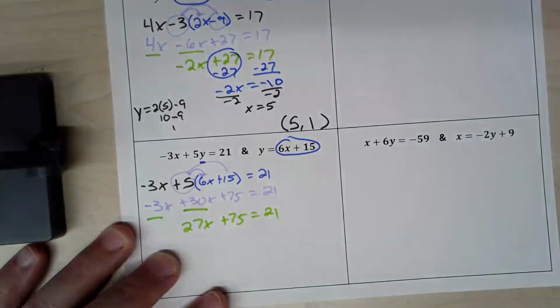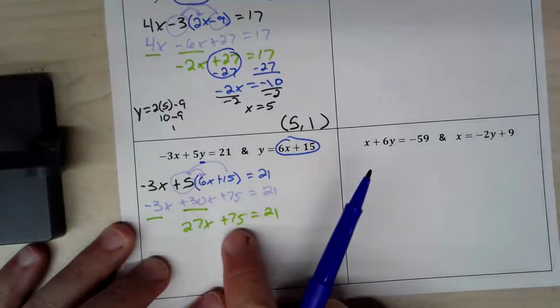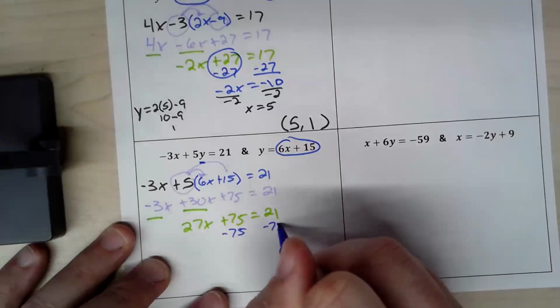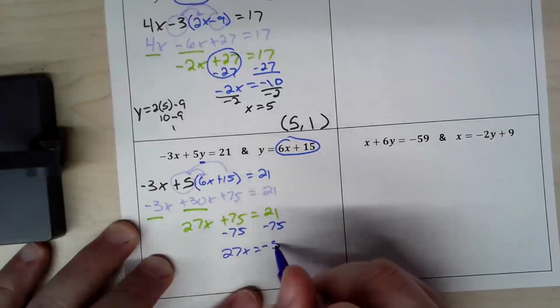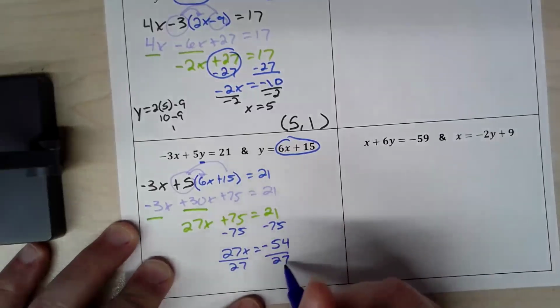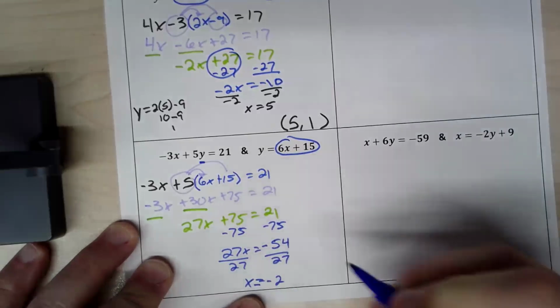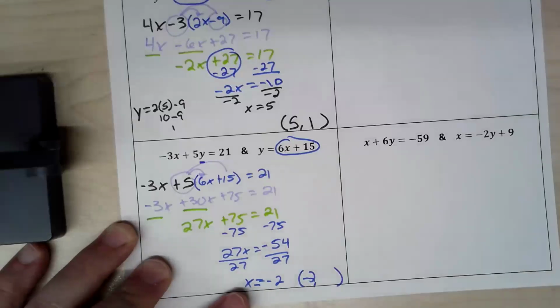So now I gotta isolate. All my variables are already on the left, so I gotta move all my constants to the right. So I subtract 75. 21 minus 75 is negative 54. Divide by 27. x equals negative 2. So again, my x value is negative 2.